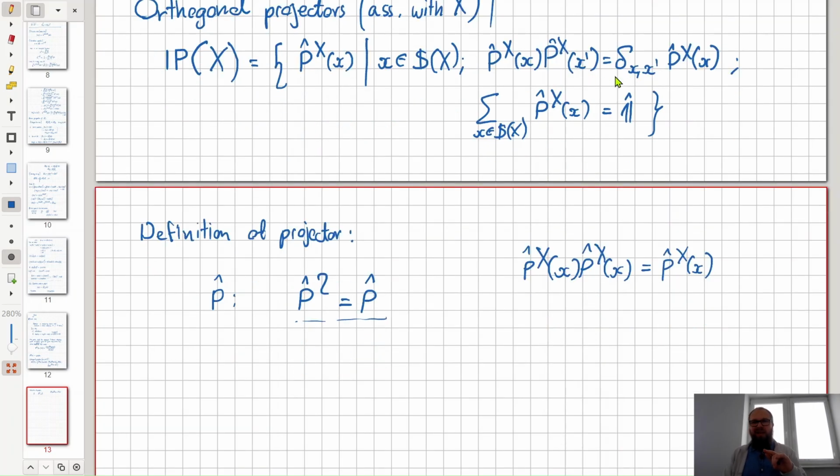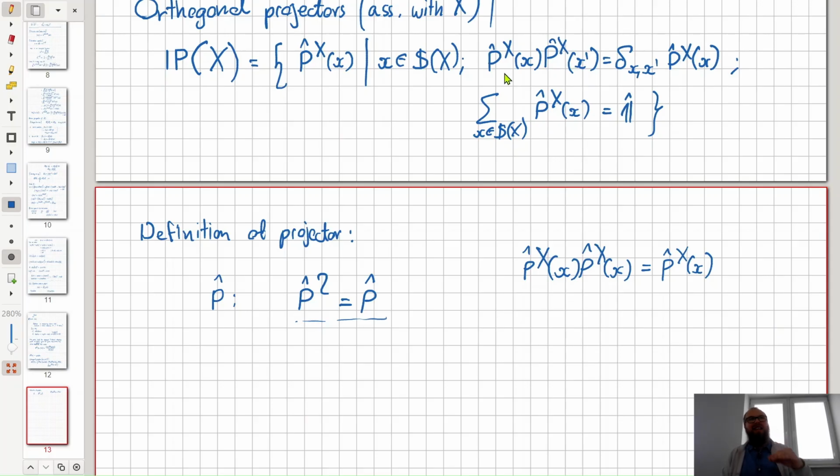Setting x prime equal to x means I'm dealing with projectors for every x. But when I take different ones, this is what orthogonality means. If I first act with x prime, I do the projection, so I delete everything except the subspace labeled with x prime.